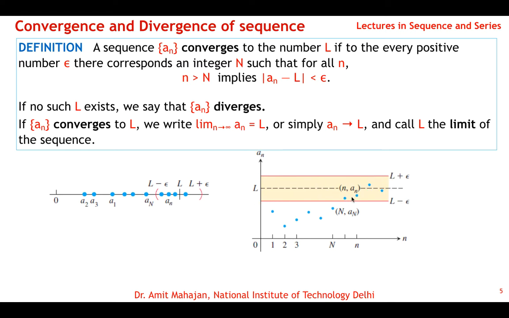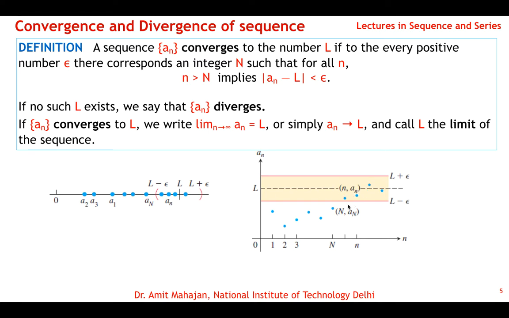So all the elements after this position, with n becoming large, lie within this band. If this is true, then we say that limit n tends to infinity of the sequence an equals L, or L is the limit of the sequence, and we say that the sequence an converges to this L.